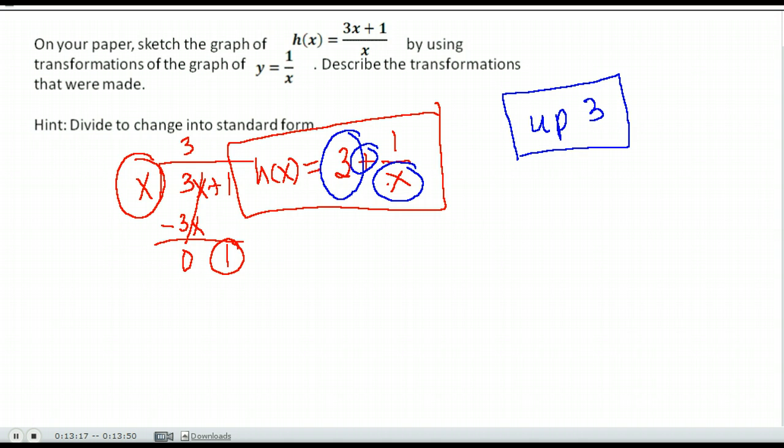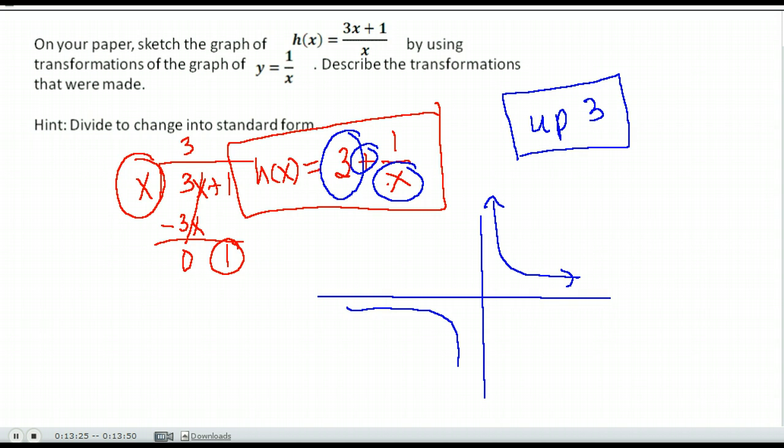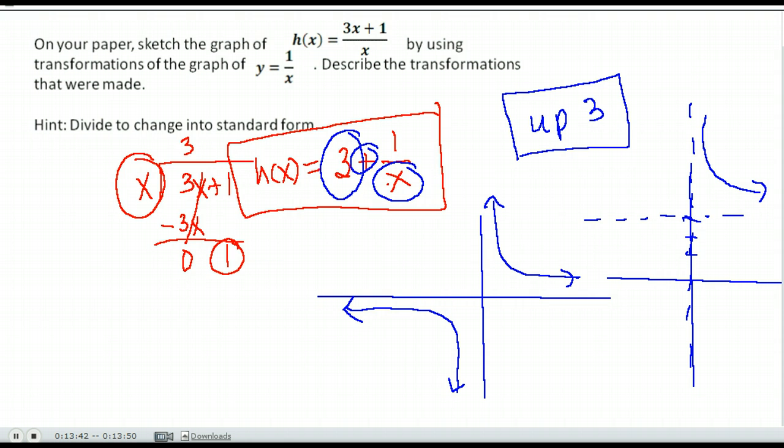So we'd have our standard function, 1 over x, typically looks like this. But it's going to be moved up 3, so all we're going to do is put a horizontal asymptote at 3, and still at 0, and there we go. That's a sketch of what our graph would look like.